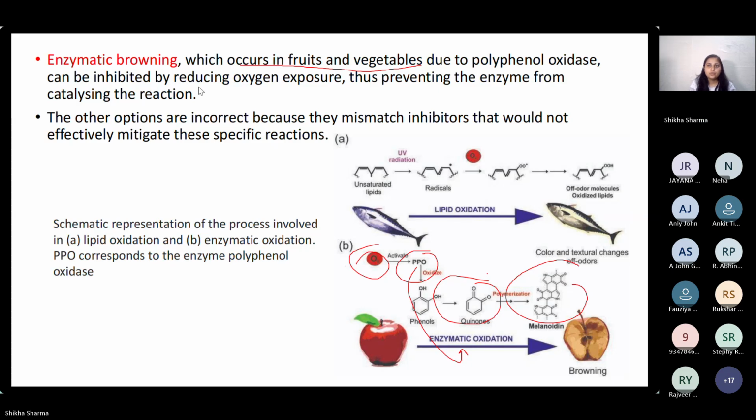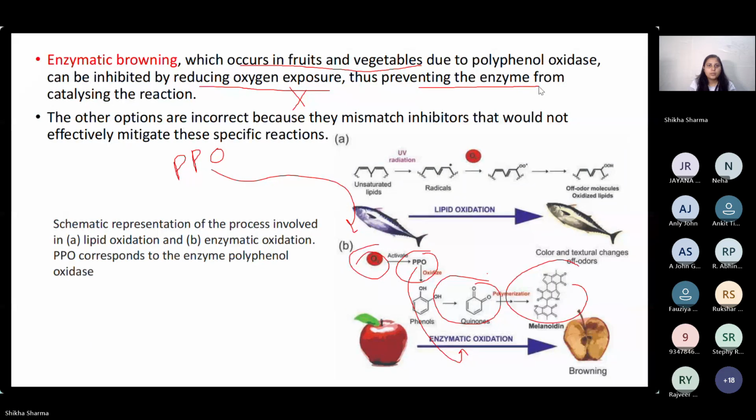This reaction will stop if there is no oxygen, because polyphenol oxidase carries out this reaction in the presence of oxygen. If oxygen is not there, this reaction cannot take place.